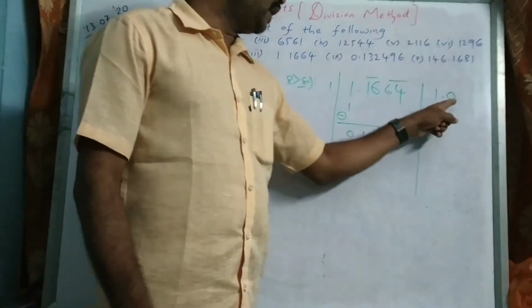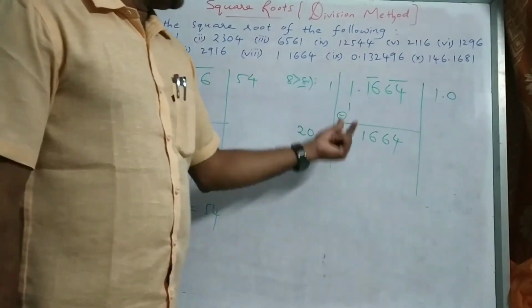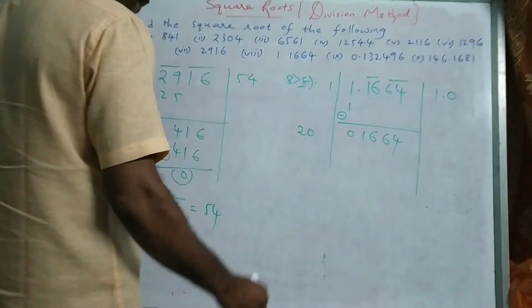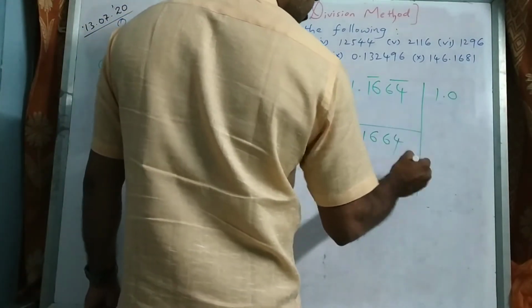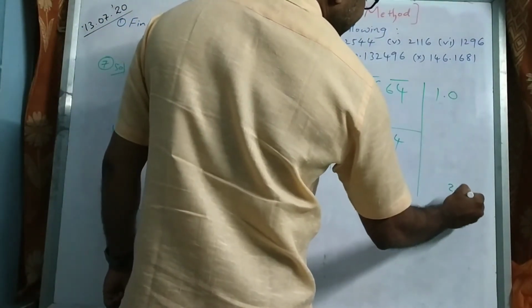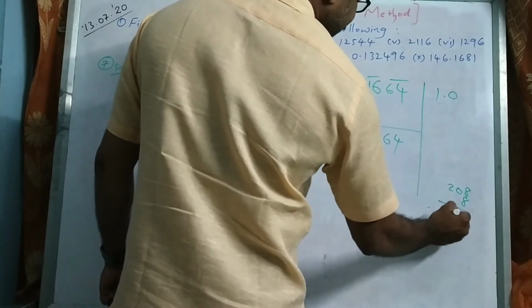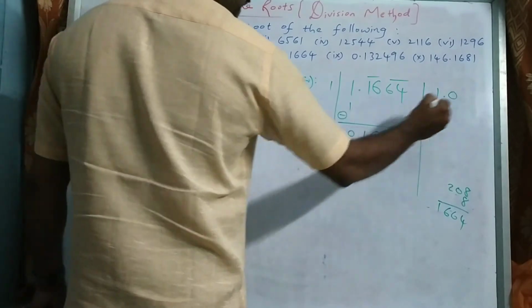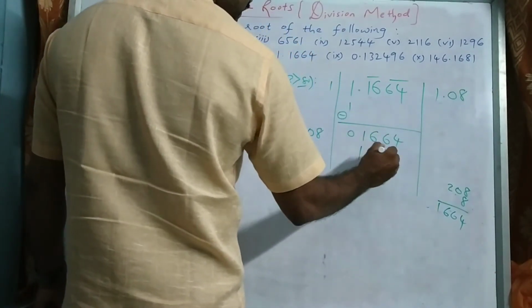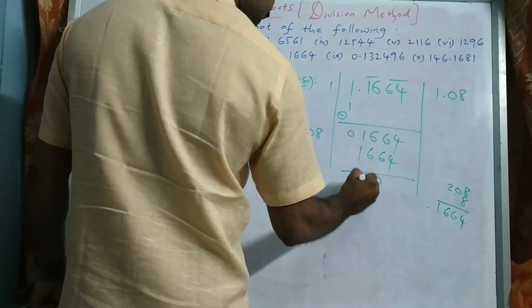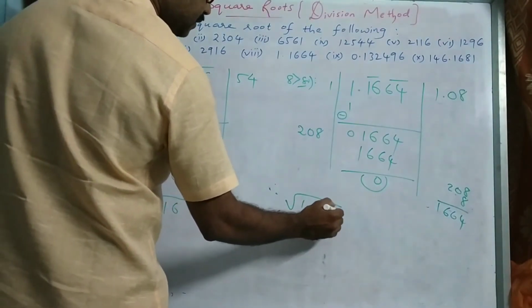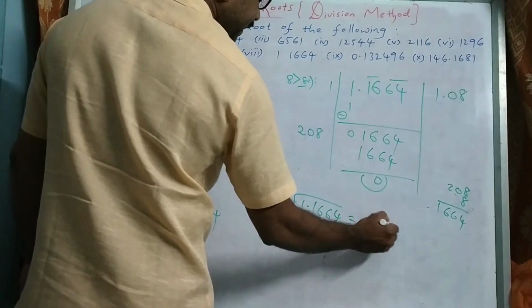Since the last digit is 4 here, if I write 8, there also 8. 8 8s are 64, 8 2s are 16. So the square root of 1.1664 is 1.08.